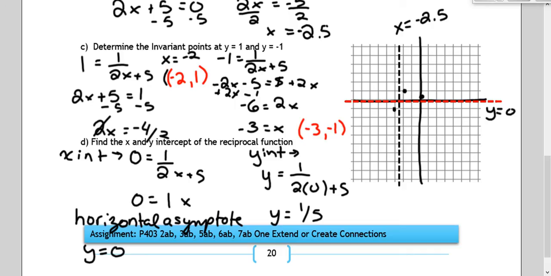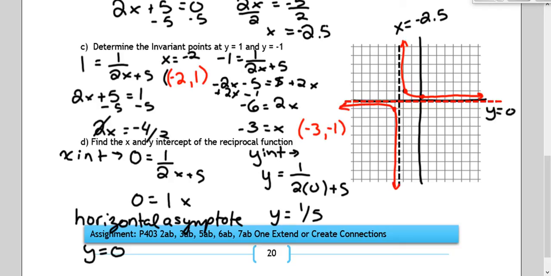I have one point here on the right-hand side of the asymptote and one point here on the left-hand side. I also have my y-intercept approximately because it's 1/5. That's a little hard to see. Now all you have to do is connect those like that, and it doesn't need to be any more accurate than that. Just remember that you cannot cross your asymptotes.